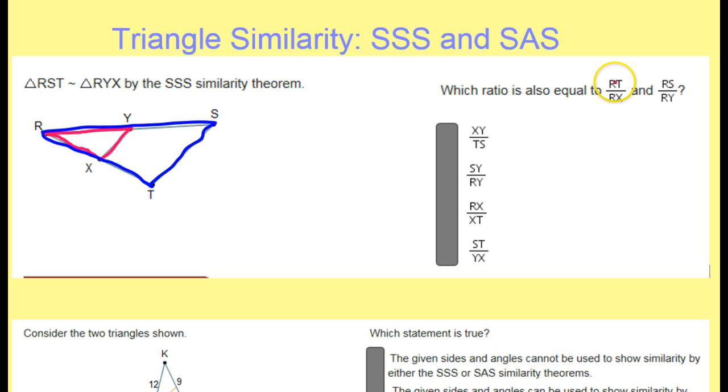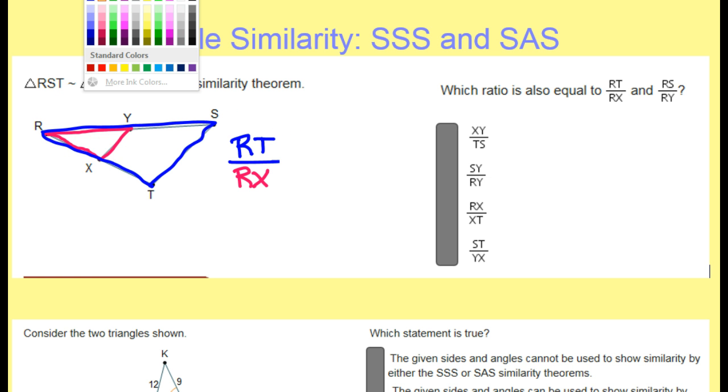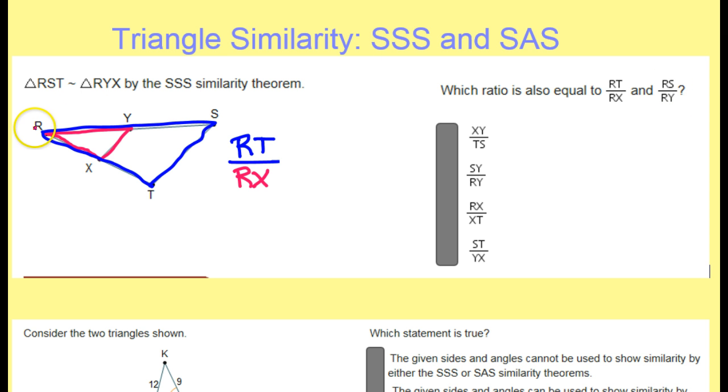So when they say RT over RX, RT is a side of the big triangle, and then that's over RX, which is the corresponding small side. So we've got a big and a small that are corresponding.